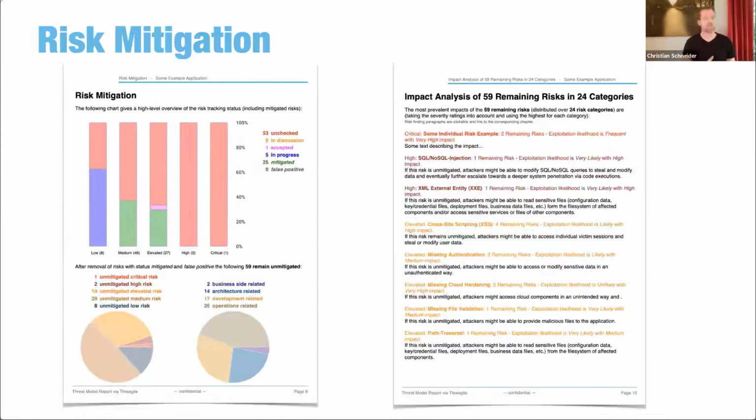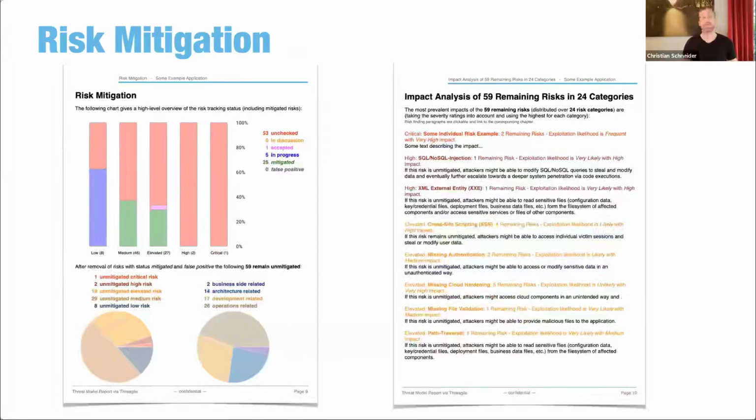So you can assign a state, and here you see the diagram then by identified risk criticality, and the bar chart then basically in terms of the colors gives you an impression of how many percentage of those identified risks are still unchecked. That's not good, obviously, here in the example model.